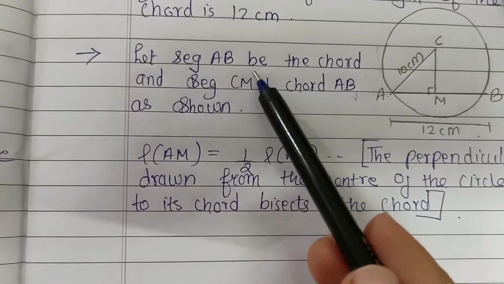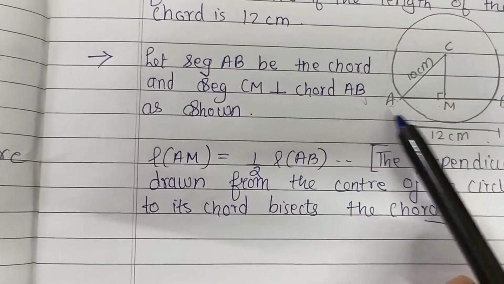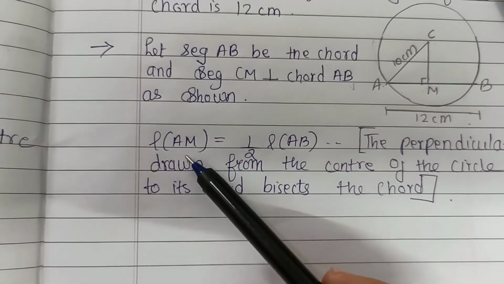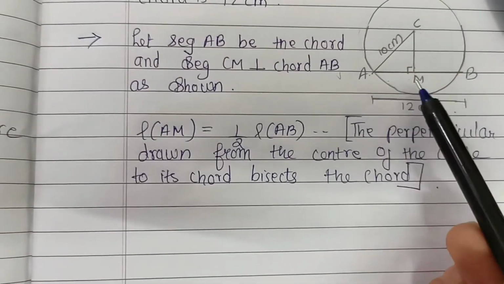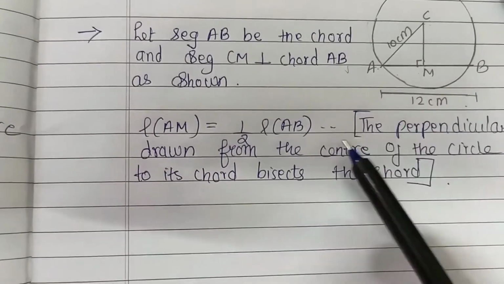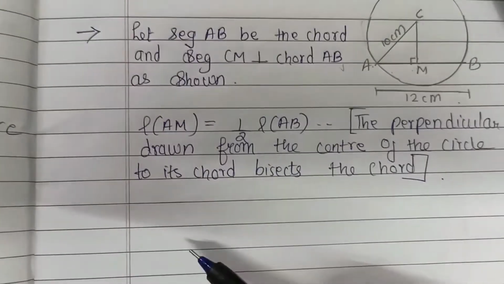So let segment AB be the chord, and also we have to mention that segment CM is perpendicular to chord AB. Now we'll be using the property that length AM is half of the length AB, because the perpendicular drawn from the center of the circle to its chord bisects the chord.